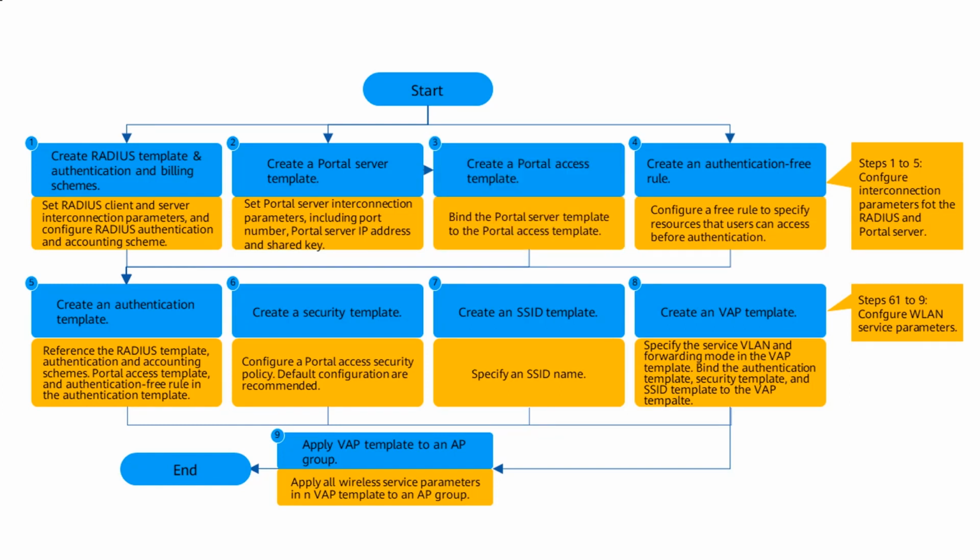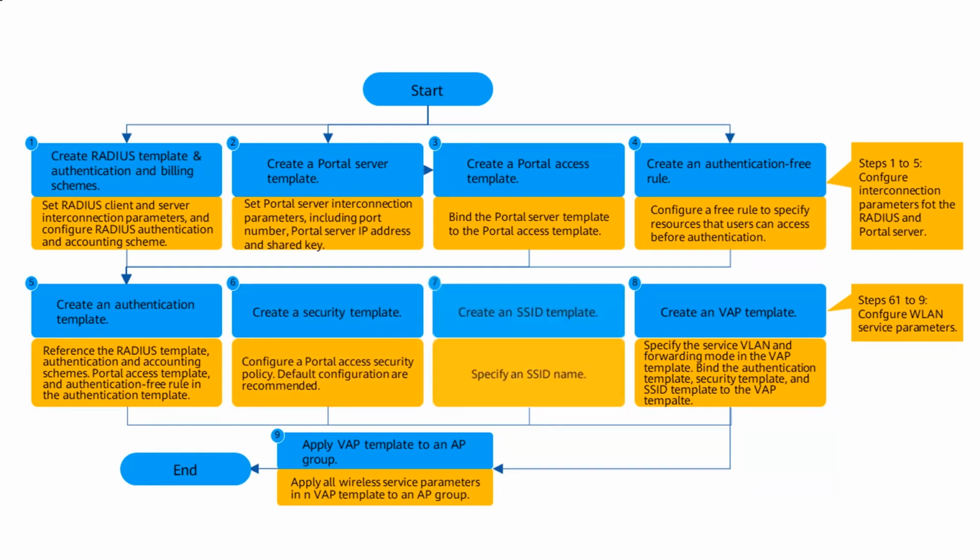By the way, when we configure the portal access template, we bind it to the portal server template configured previously, and once these three templates have been configured, we combine all these three templates when we create the authentication template. That means we create an authentication template and then we bind all these three templates into it.